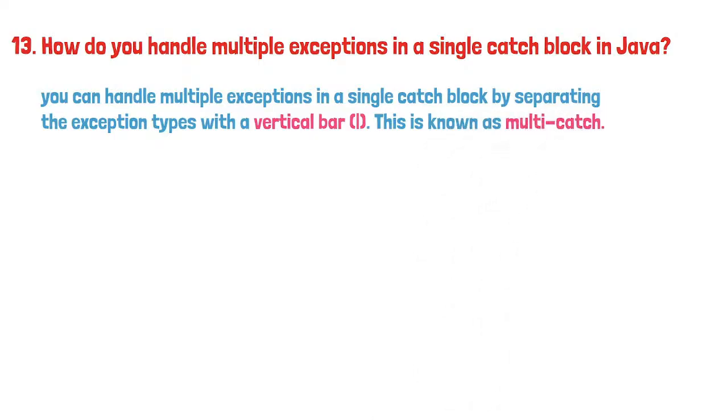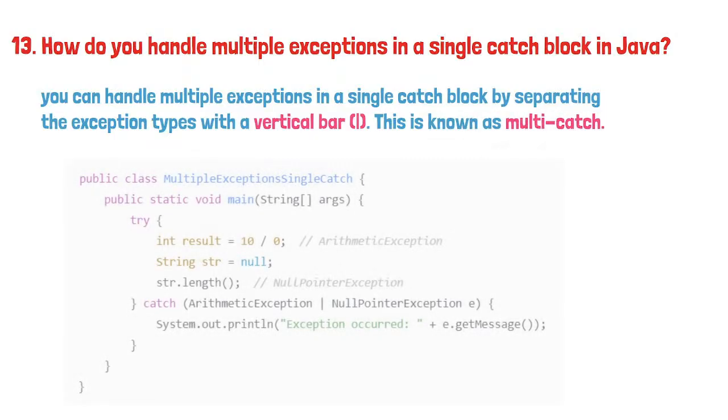Suppose in the previous example we have used two catch blocks, so we have to write some extra code. To avoid that, we use a vertical bar, and with the vertical bar we can handle multiple exceptions by writing this way. You can see: catch ArithmeticException vertical bar NullPointerException, and if any error happens at that time you will get the message through e.getMessage.